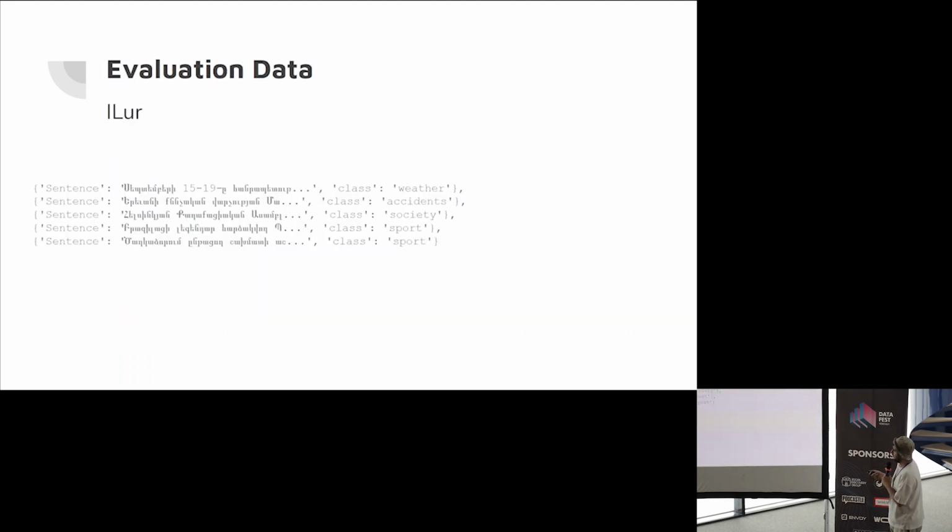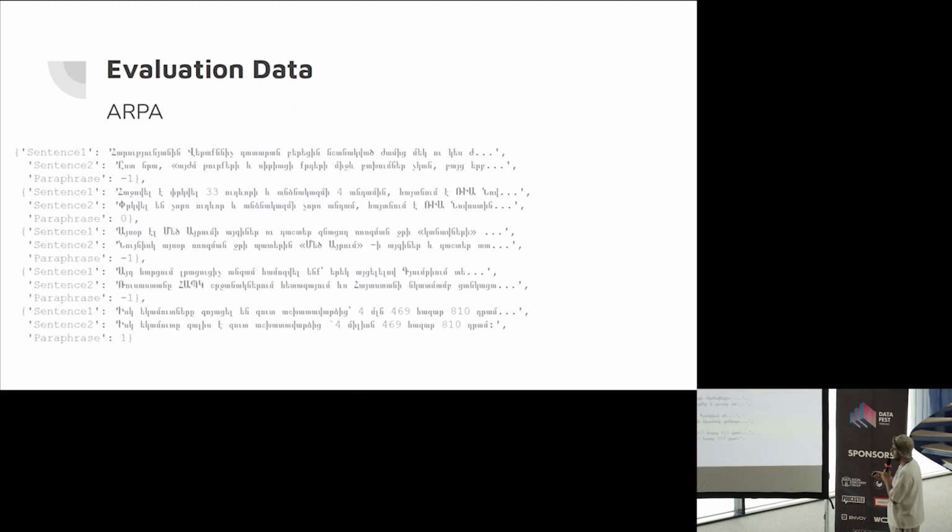Then we also have some validation data, which is scraped data from iLure, another news website. In iLure, we have just the sentences of that website, and then we also have the category of the website it is from. So there are 7 different categories, and we use this dataset as a classification metric in our evaluation.